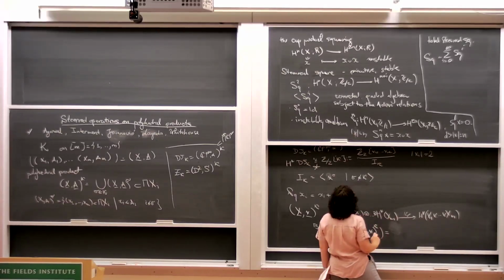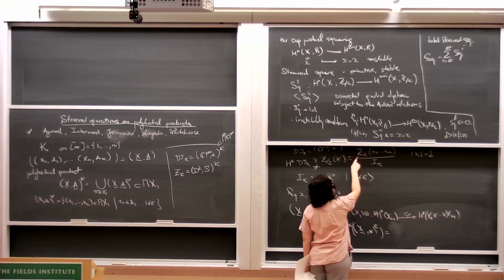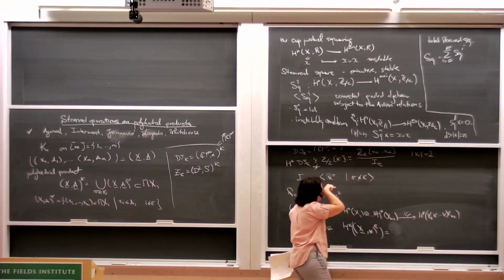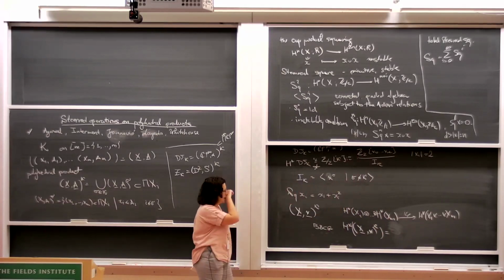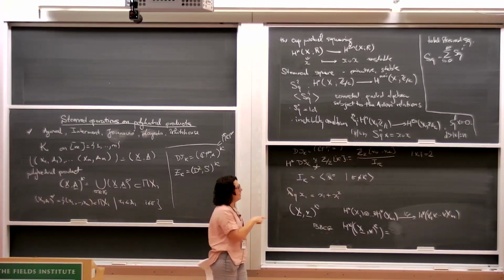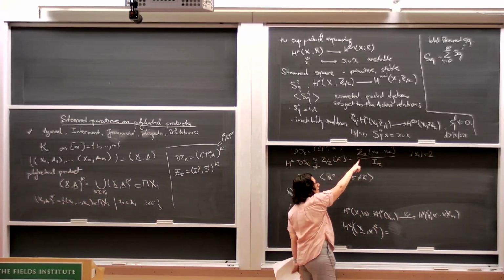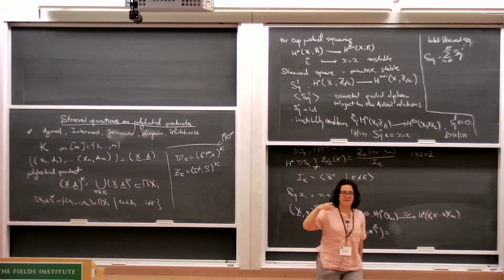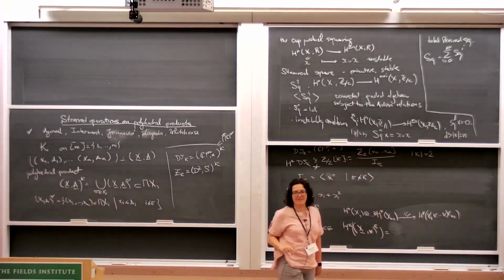So, what's here? We have the polynomial algebra on X1 to Xm, but this is nothing else but the cohomology of CP infinity tensored by itself m times.